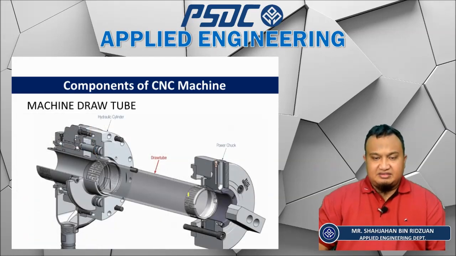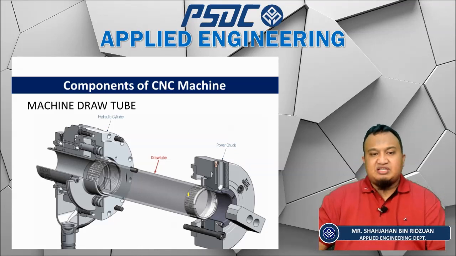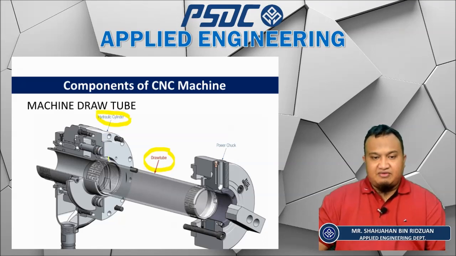Inside the spindle, we have the machine's draw tube. The function of the draw tube is to lock and unlock your 3-jaw chucks. When the hydraulic mechanical cylinder functions, it will push forwards and backwards to lock and unlock your 3-jaw chucks.